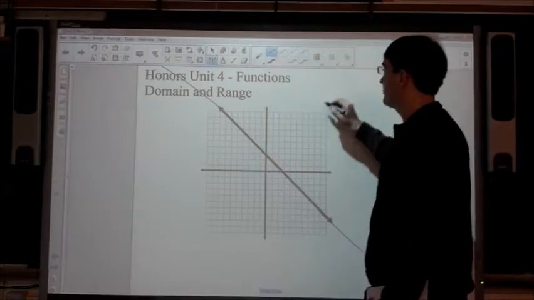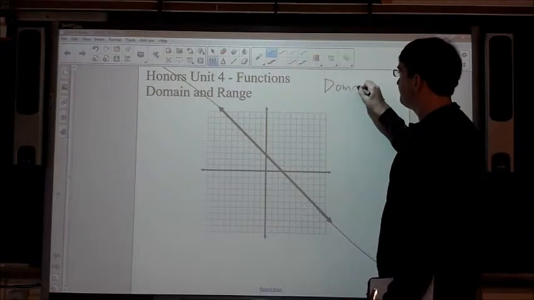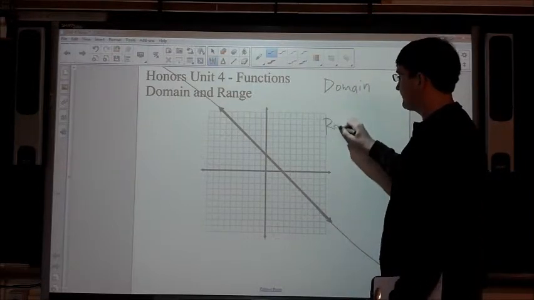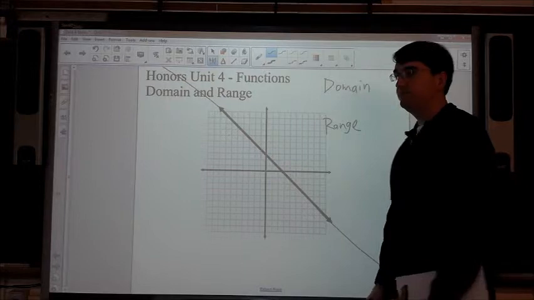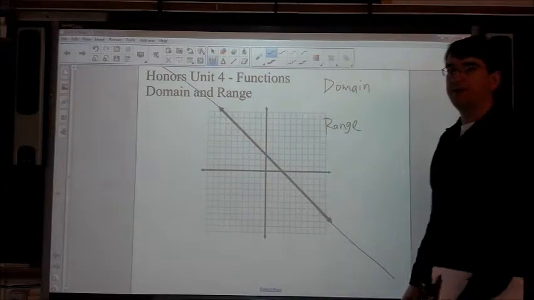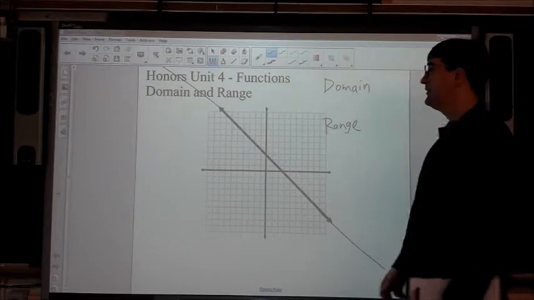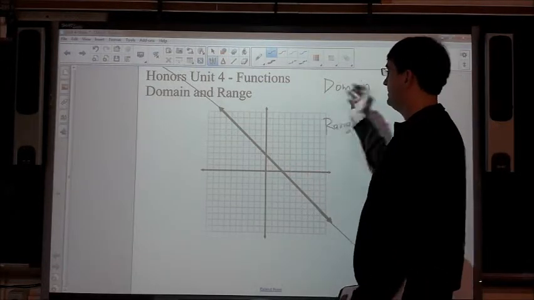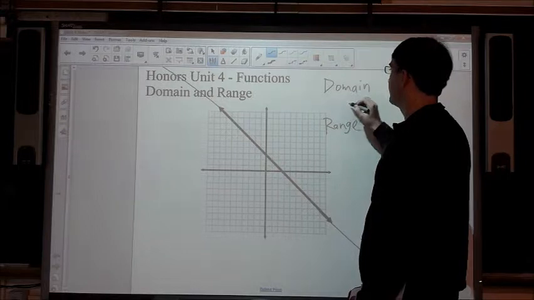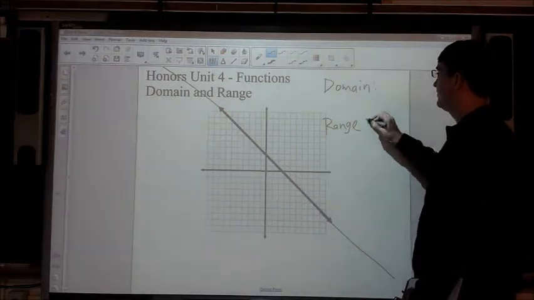And so for this particular case, the domain and the range are both all real numbers. Every number, every possible value for x, and every possible value for y, both work. So we can break them up individually, and we say, well, it's all real numbers for the domain and all real numbers for the range.